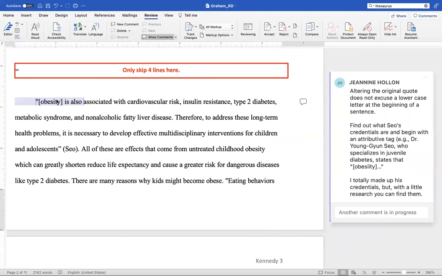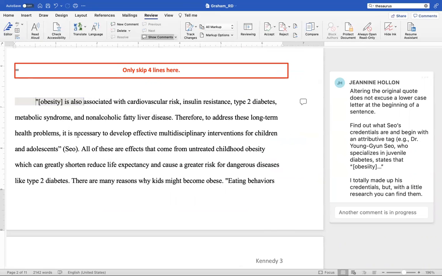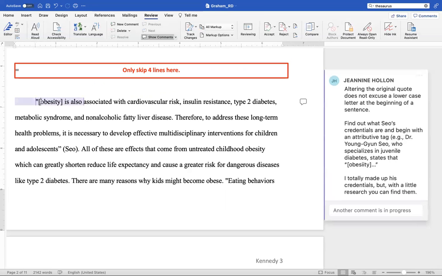This one concerns me here, because even if you are replacing this word in brackets, which I'm glad that you're doing, I don't know if there was a term or a word that you were substituting here. But I do know that it's not a reason or an excuse or justification for capitalizing the O. You have to have a capital letter.